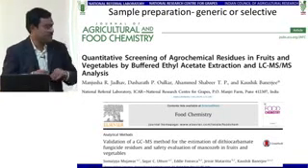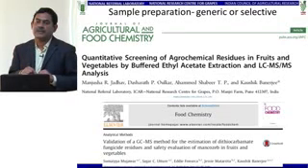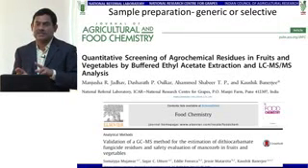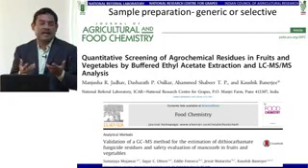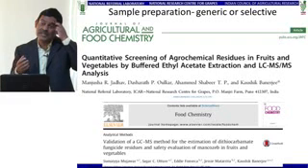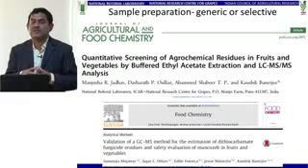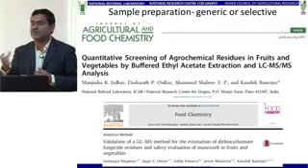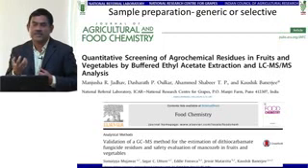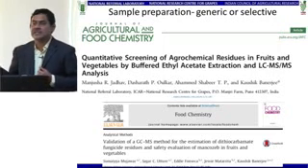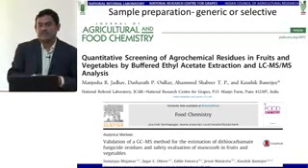And in the lower panel, you see certain selective methods. So a method could be class-wise selective, and a method could be very generic. One problem with generic methods is that they cannot take up all the chemicals, because certain chemicals cannot be extracted by regular methods. They require special treatment, so you have to analyze those with separate procedures.